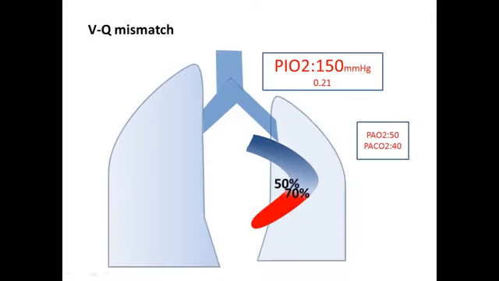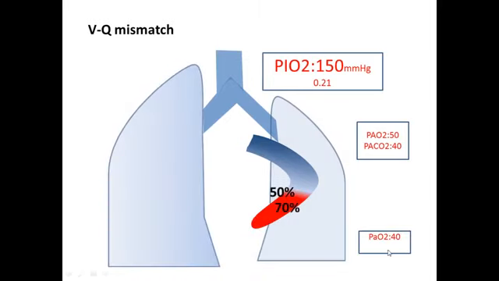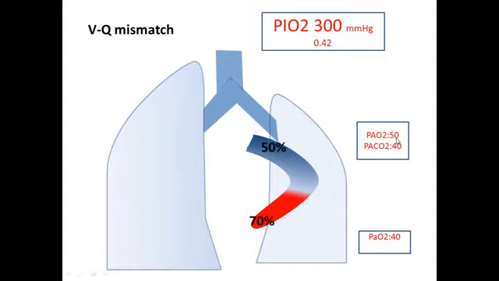And you have the alveolar oxygen around 50 millimeters of mercury, and alveolar CO2 is normal. So there is no issue with the ventilation, but the issue is hypoxemia. And you have a partial pressure of oxygen in the arterial blood around 40 millimeters of mercury. So you have alveolar oxygenation reduced by almost 50%, because the normal alveolar oxygen is around 100 in a normal subject. So you need to improve that.